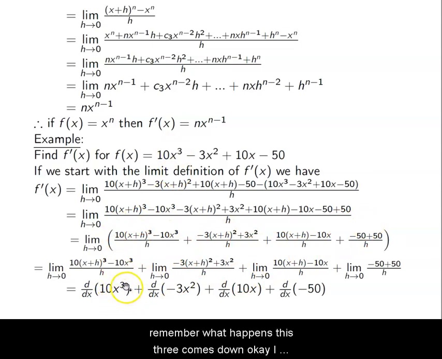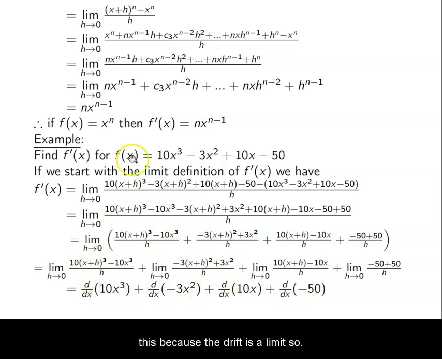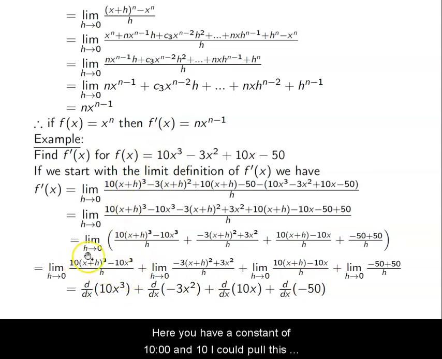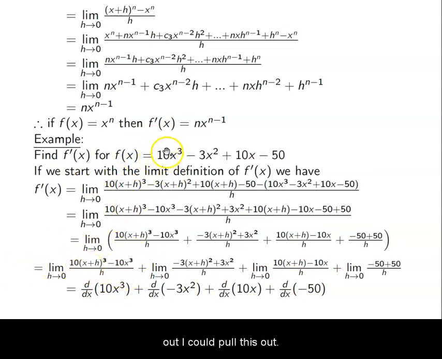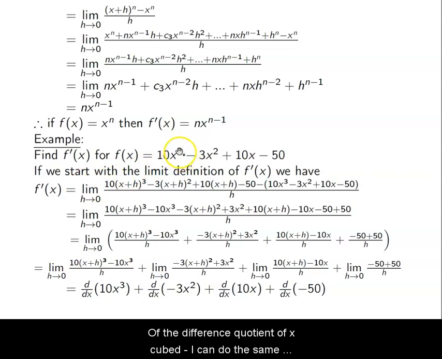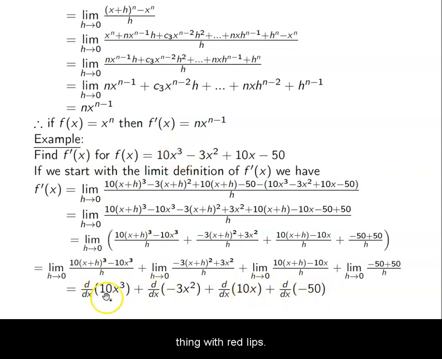Actually, before we do that, I think what we're going to do is pull out the constants, right? Because, again, whatever we can do for limits, we can do for derivatives because the derivative is a limit. So here, you see I have a constant of 10 and 10. I could pull this out as a constant and then just take the limit of the difference quotient of x cubed, right? So I can do the same thing with derivatives.